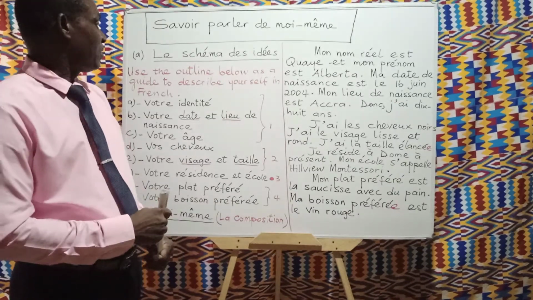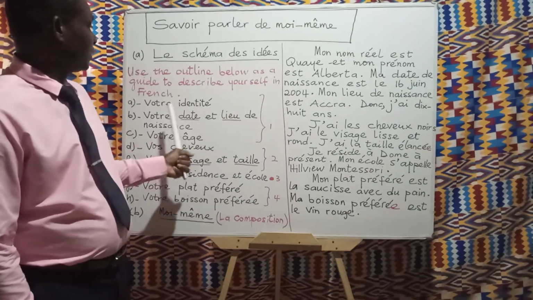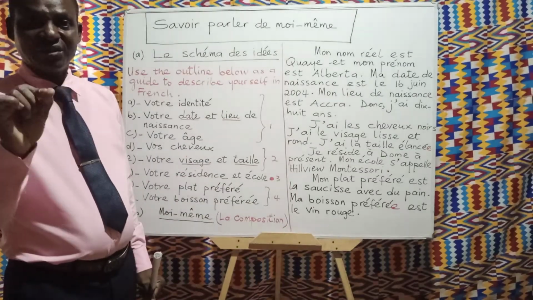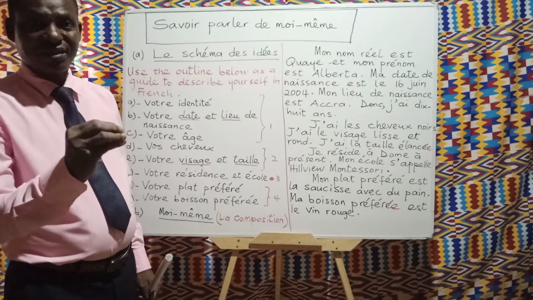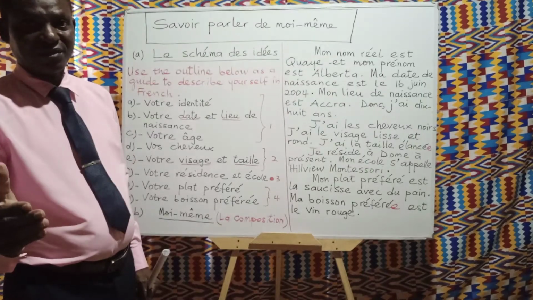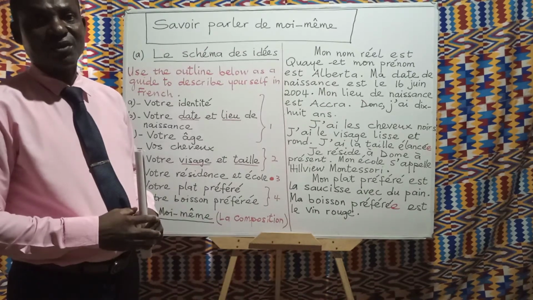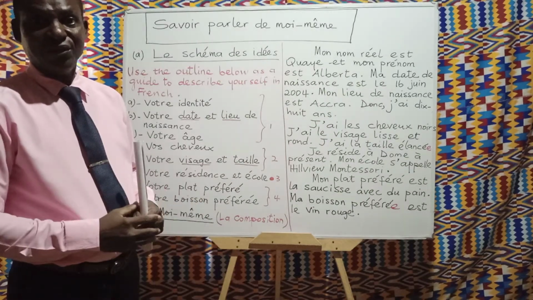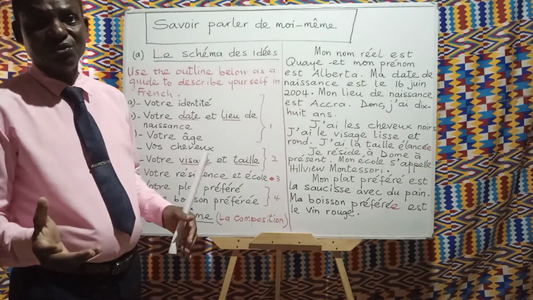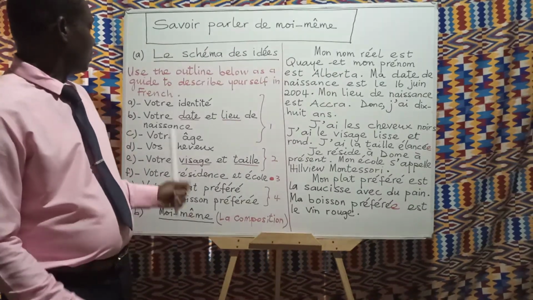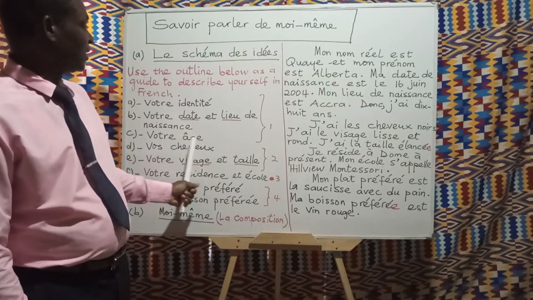Right. Now, when we come to the B, votre date et lieu de naissance. Here you have two things. We have the date and then the place. Date de naissance has to do with what? Birth date. And the lieu de naissance has to do with the place of birth. Now, when we come to the C, we have votre âge.